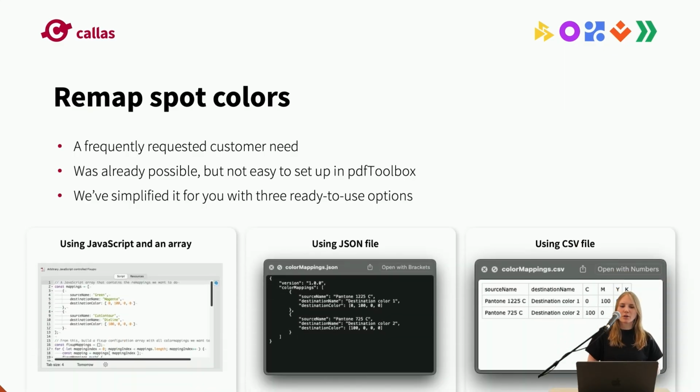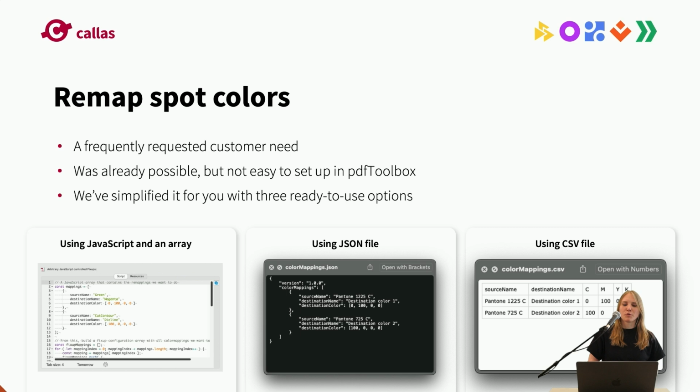The 3 different options are: the first one is using JavaScript directly. If you're not comfortable with JavaScript, or if you want to save your mapping information in an external file, you can also do it via a JSON file that you pass inside the fixup.